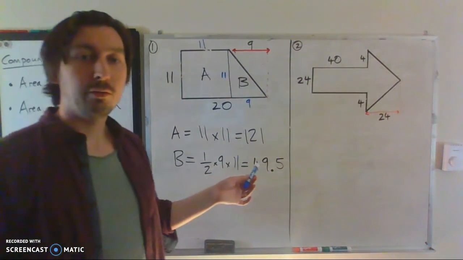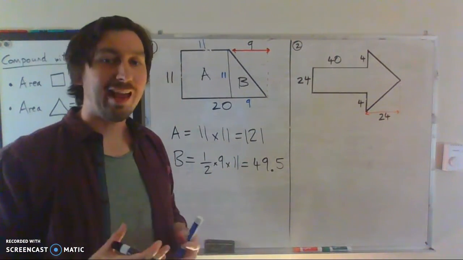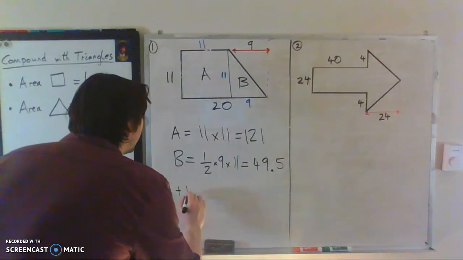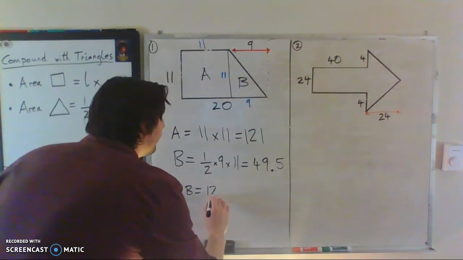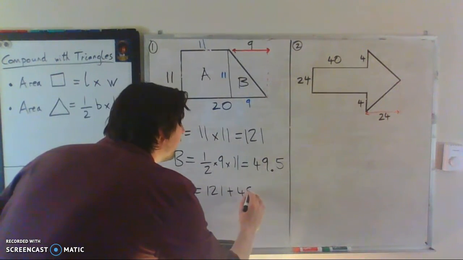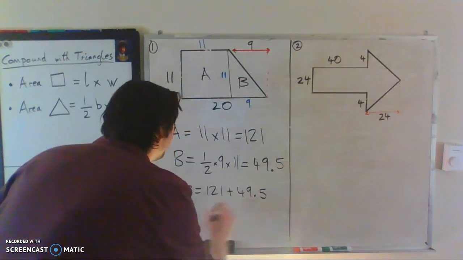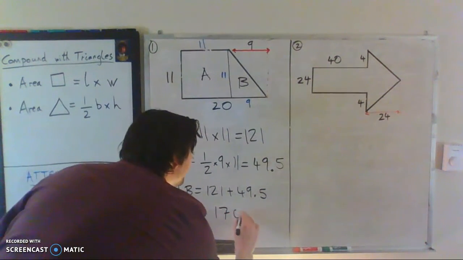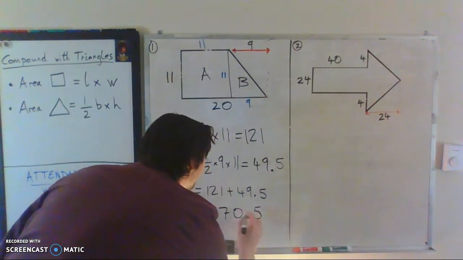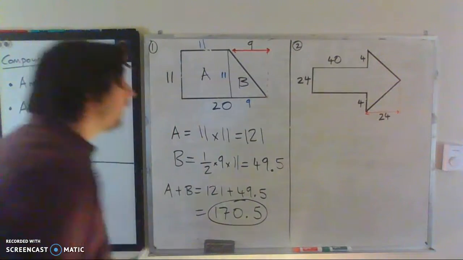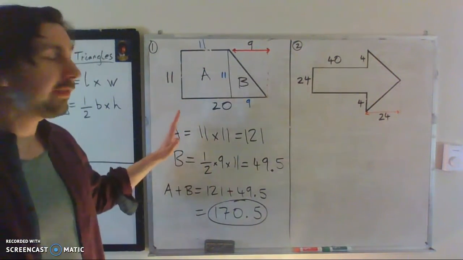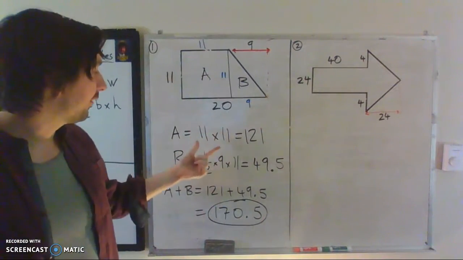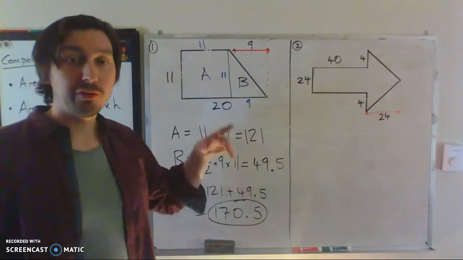And now the last thing I do, because it's a compound shape, is I just add these two numbers together. 121 plus 49.5 gives me 170.5. So you can see it set out very similarly to last time. I split it up, so I've got an A and a B, and then I just work those out and put them together. So just try everything.